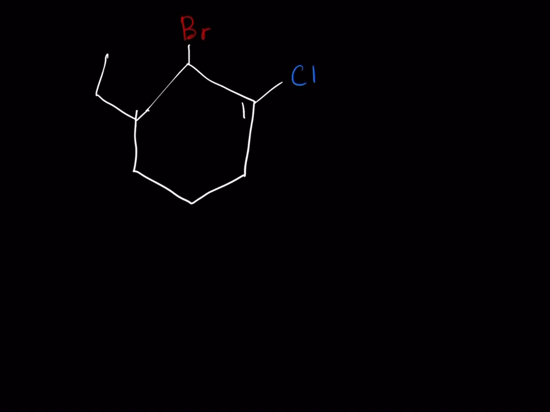So if we go with chlorine first, chlorine is with C. So this is chloro, and this is ethyl. So the one that comes first in the alphabet is going to be C. So as opposed to going the red way, like that, we're going to go the blue way like this.